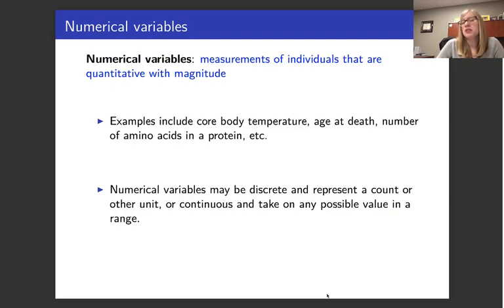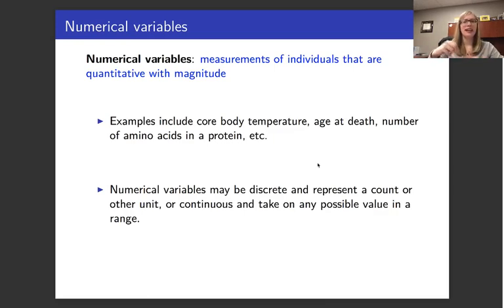You wouldn't want to subtract one person's Social Security number from another, or add one person's Social Security number to another. So even though those are numerical values, they are not numerical variables. There's no magnitude with the numbers. Examples of variables that are in fact numerical: core body temperature, age at death, number of amino acids. These are all things where the numbers have meaning.